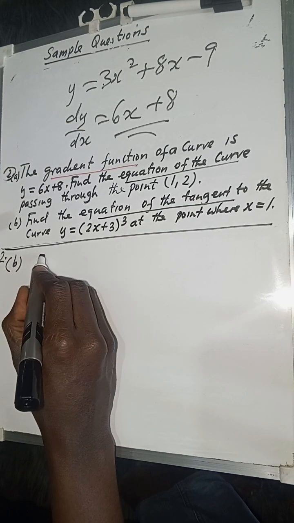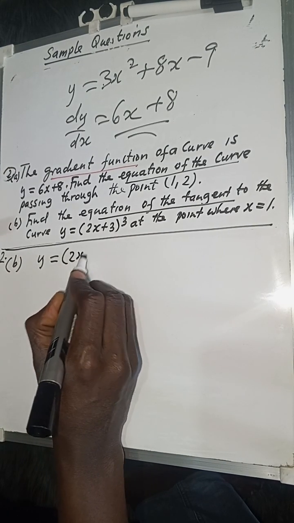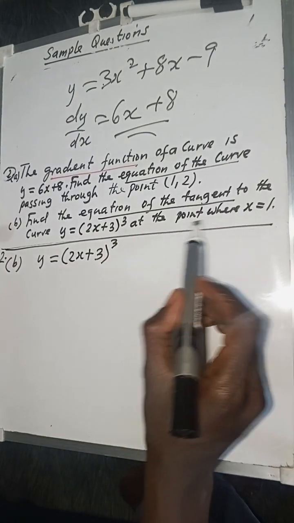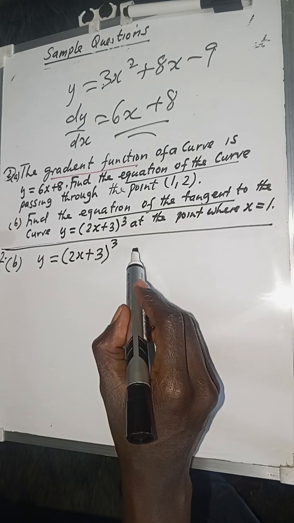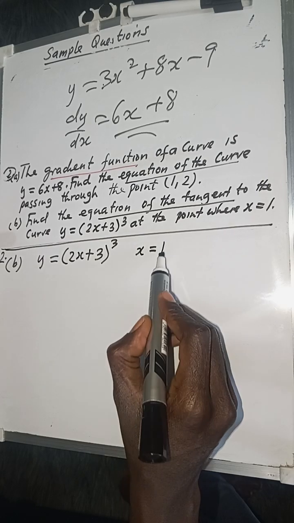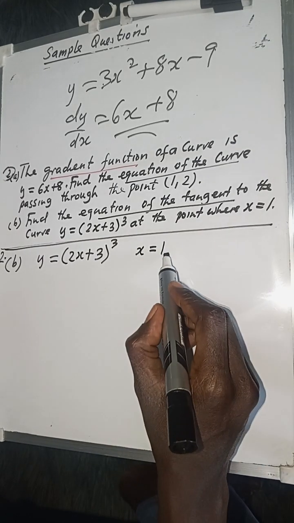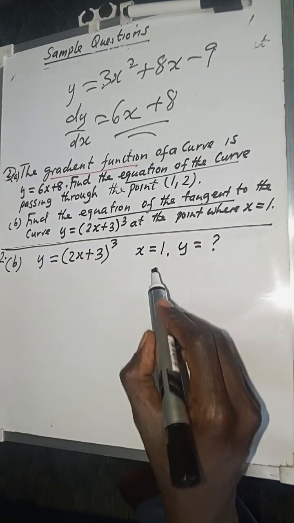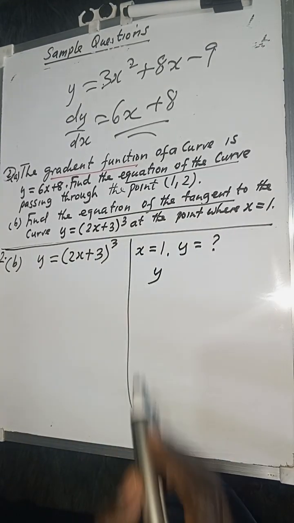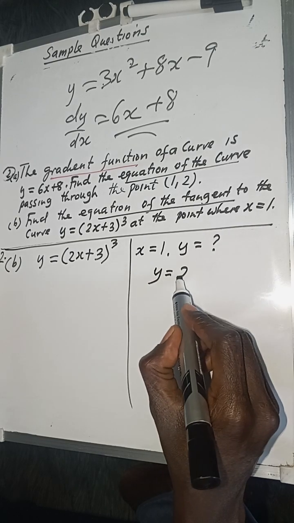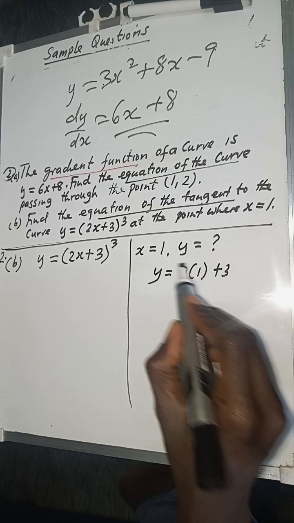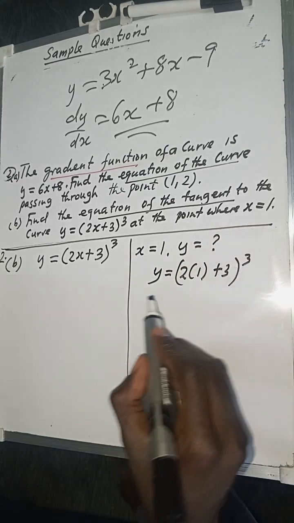What's the curve? The curve is y is equal to (2x plus 3) raised to the power 3 at the point where x is equal to 1. Now when x is equal to 1, right away you can know what y is by replacing there. Let's find out what y is. It will be 2 multiplied by 1 plus 3, raised to the power 3.